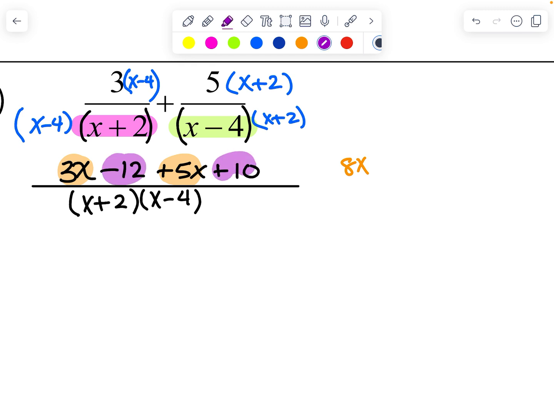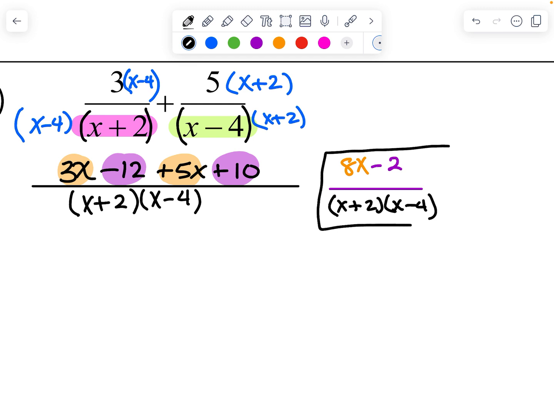Negative 12 and 10 are negative 2, over the denominator of x plus 2, x minus 4. And that entire thing, my friends, is going to be your answer.